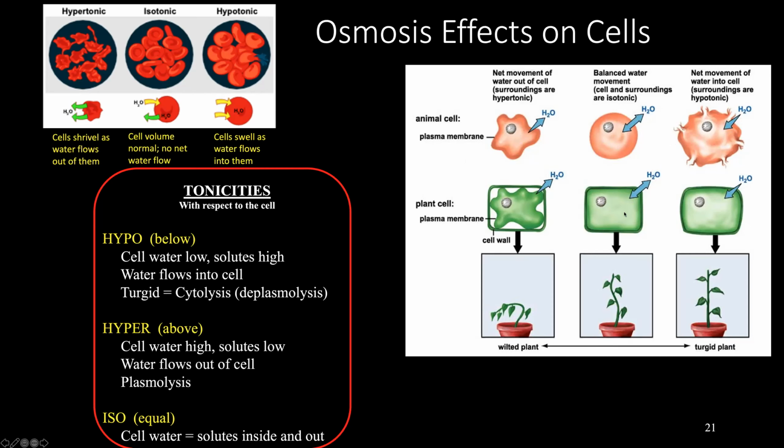In the case of plants, they have a cell wall, and so if the cell shrinks, it's called plasmolysis, or it's turgid in the case of hypotonic.